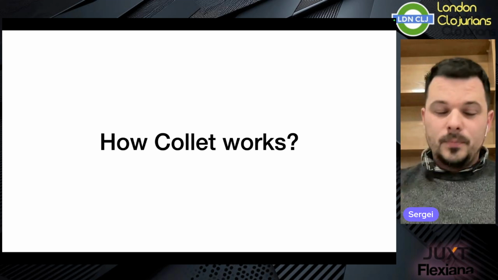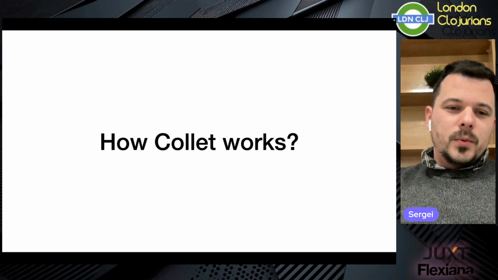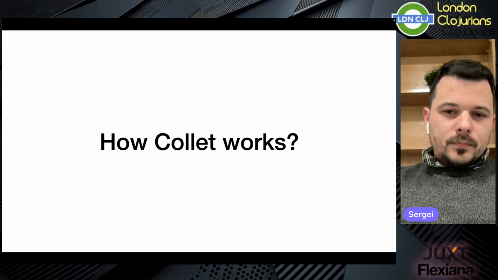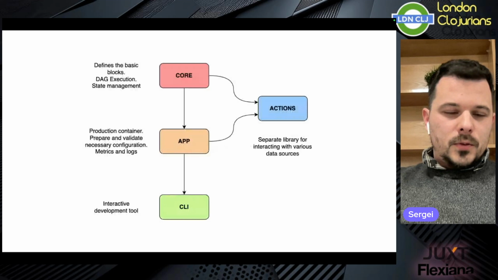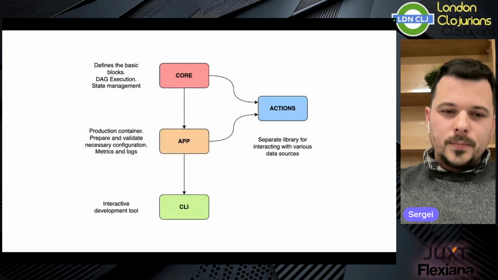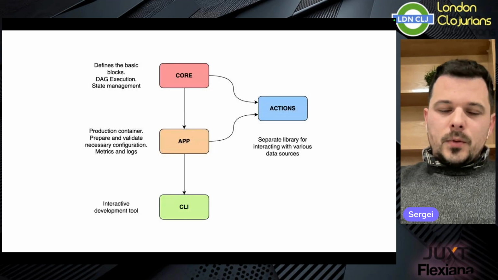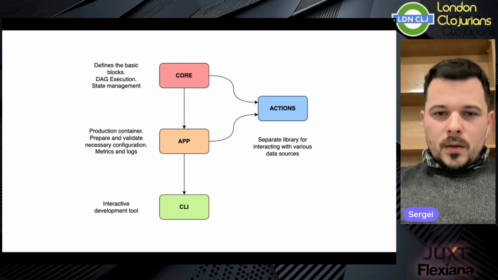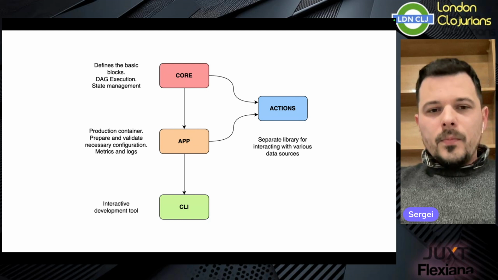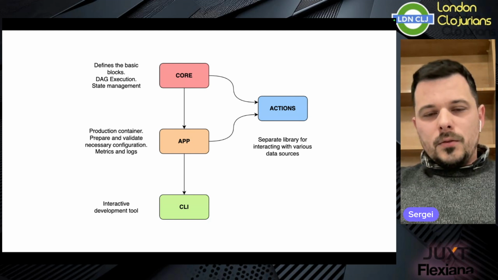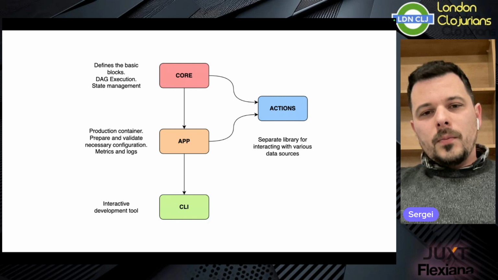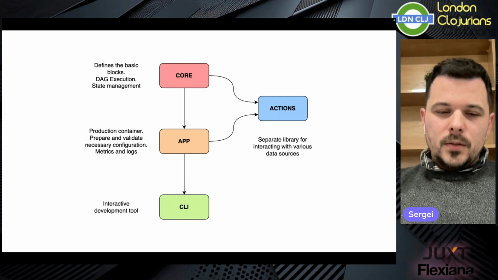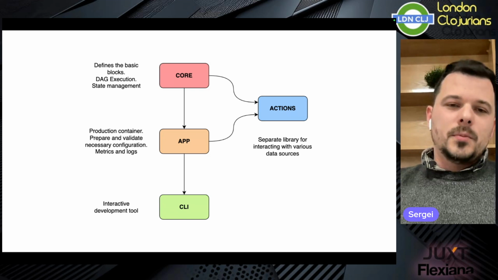So okay, we saw Colette in action. We briefly spoke about what it is, and now this is a good time to see how it works under the hood. So right now, Colette is 4 separate packages. They are kind of dependent on each other, but you can use any of them separately, including upstream dependencies.